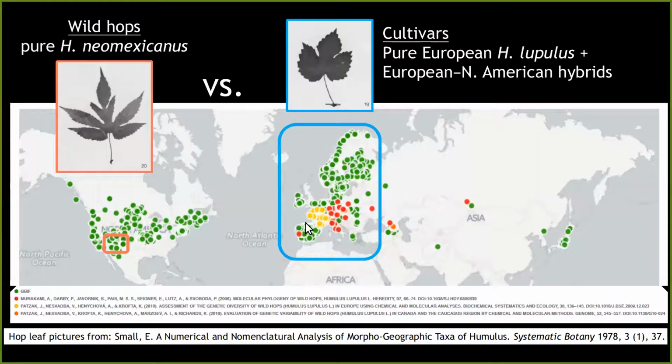Some of these cultivars are pure Humulus lupulus from Europe, but many are hybrids of European and North American hops. One thing that all of the cultivars share is European ancestry, and all the wild hops in our experiment are from the American Southwest.